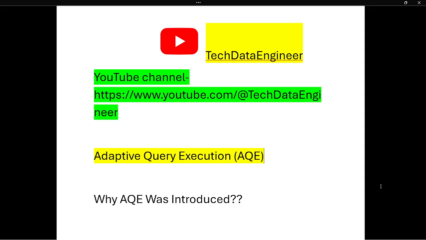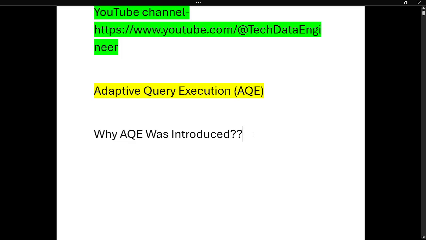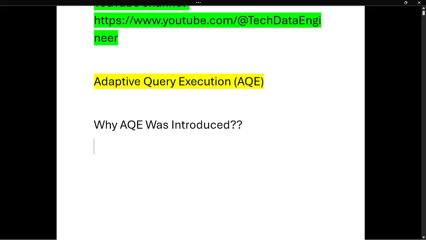Before understanding the actual definition of adaptive query execution, we will understand the real problem, why AQE was introduced. Before AQE, Spark worked like this. If you see why AQE basically exists, I'll explain the scenario here.